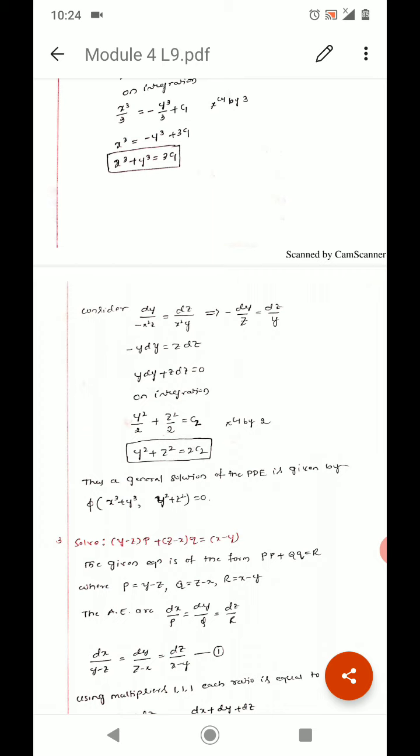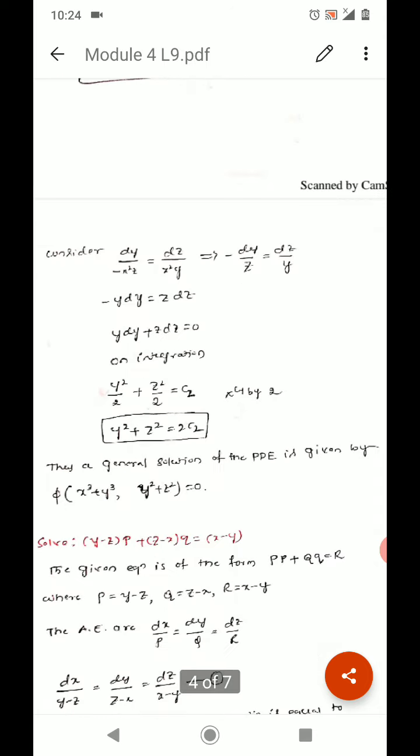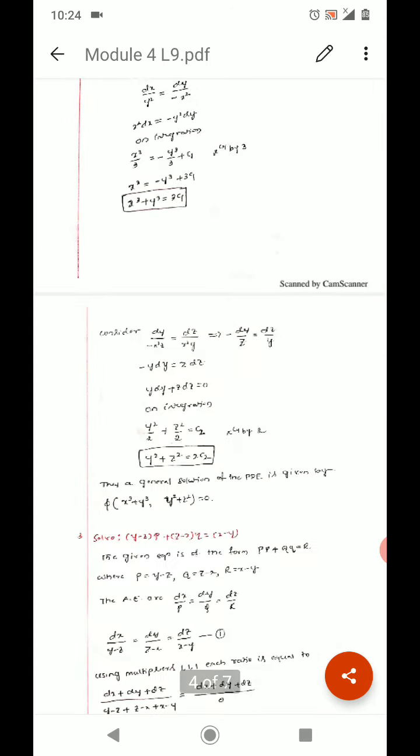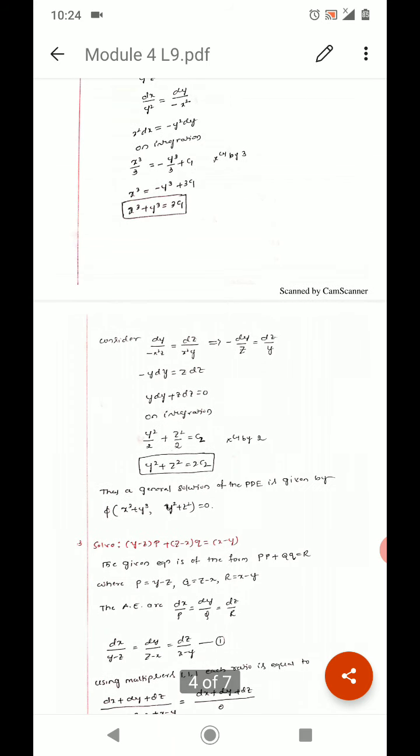So finally we get y square by 2 plus z square by 2 equal to c2, multiply by 2 to get y square plus z square is equal to 2c2.